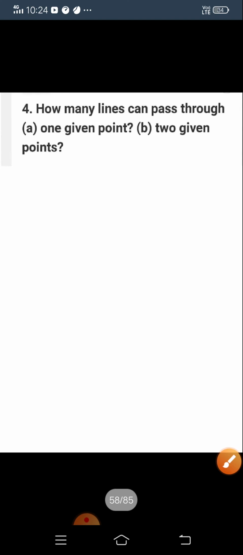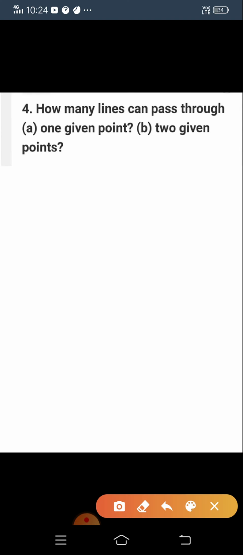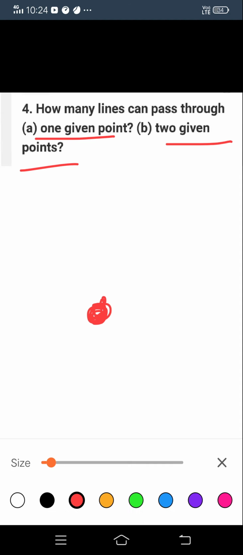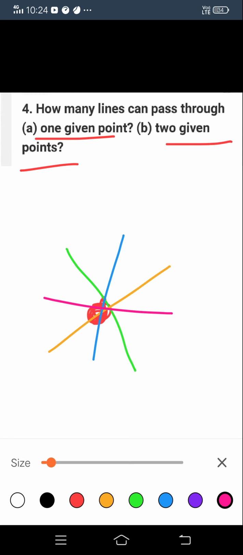Okay, moving to the next question, that is the fourth one. How many lines can pass through one point and two given points? So let us take the first one, 1 point. If 1 point is given, how many lines can we draw? This is 1, 2, 3, 4, 5, 6, 7.